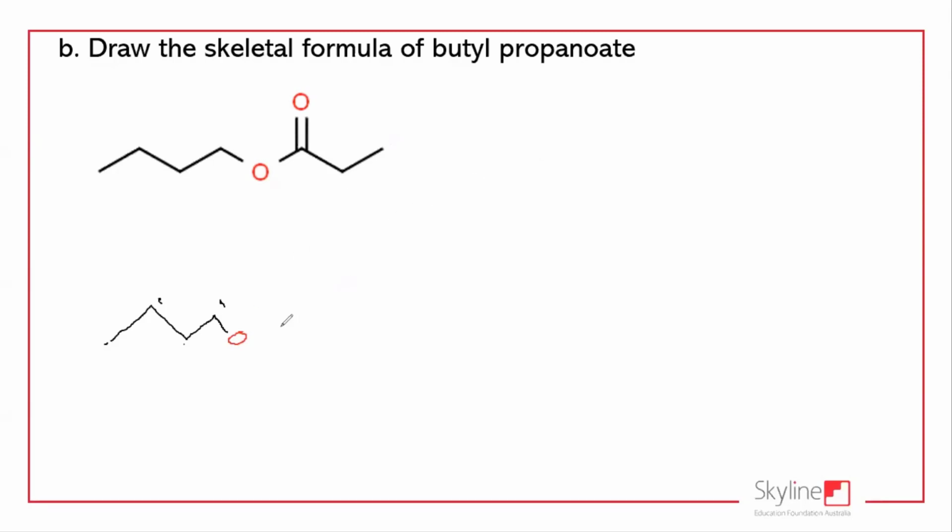Likewise, we now have to do propanoate, which is from propanoic acid. So we have 3 carbons. There's our first carbon, that point there, our second at that point, and our third is at the end there. To draw a double bond O, we just draw it right off the point because the double bond O comes off the carbon. That there is how we draw a skeletal formula, and that's all the detail you need.